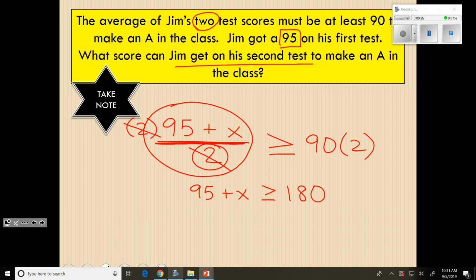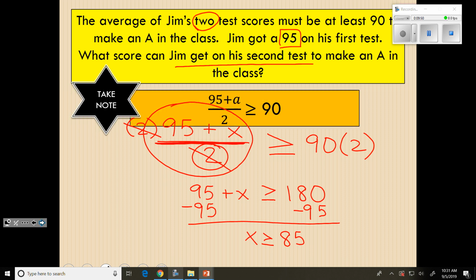One step inequality left. Subtract 95 on both sides of the equation. We discover that he needs to make at least an 85. So this says x is greater than or equal to 85. He could score an 85 and have an A in the course, or he could score any score higher than an 85. A range of numbers.